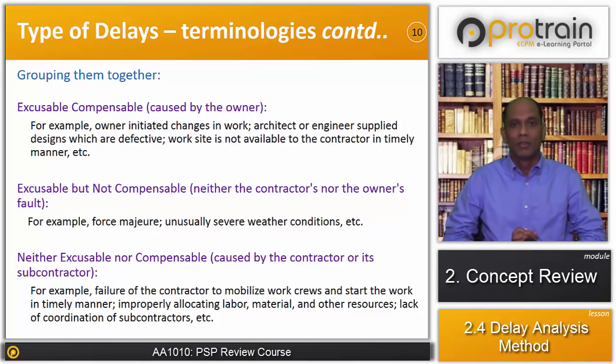For example, failure of the contractor to mobilize the work crew and start the work in a timely manner, improperly allocating labor, material and other resources, lack of coordination of subcontractors, etc. So these are examples of neither excusable nor compensable delay. The contractor will not be granted extension of time, nor will he be given any extra cost, and he will be penalized for his delays.